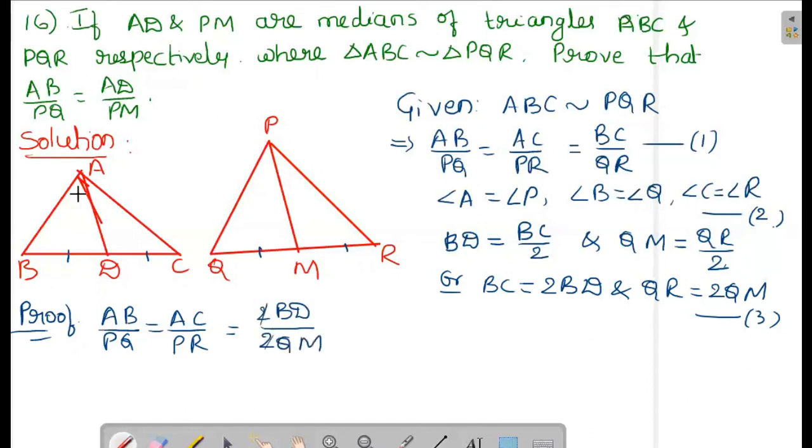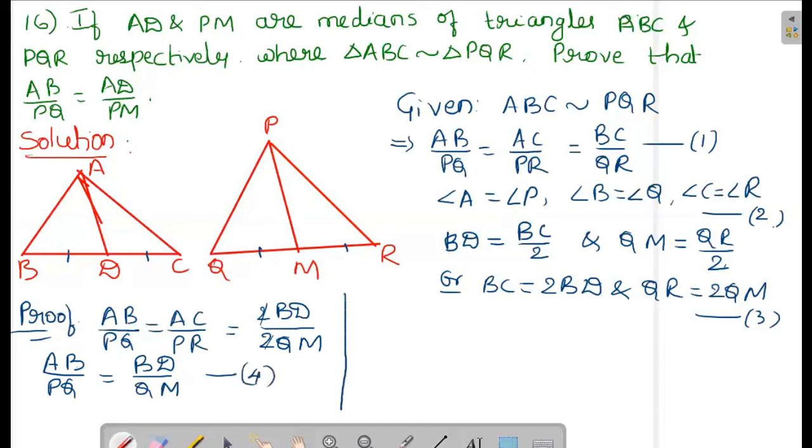So here AB by PQ is equal to AC by PR is equal to BD by QM. So AB by PQ is equal to BD by QM. Let this be 4.